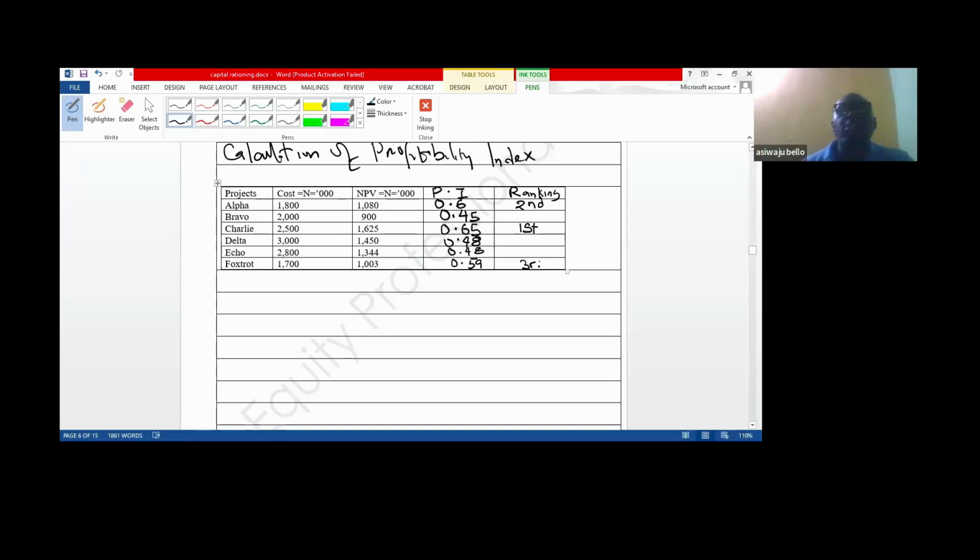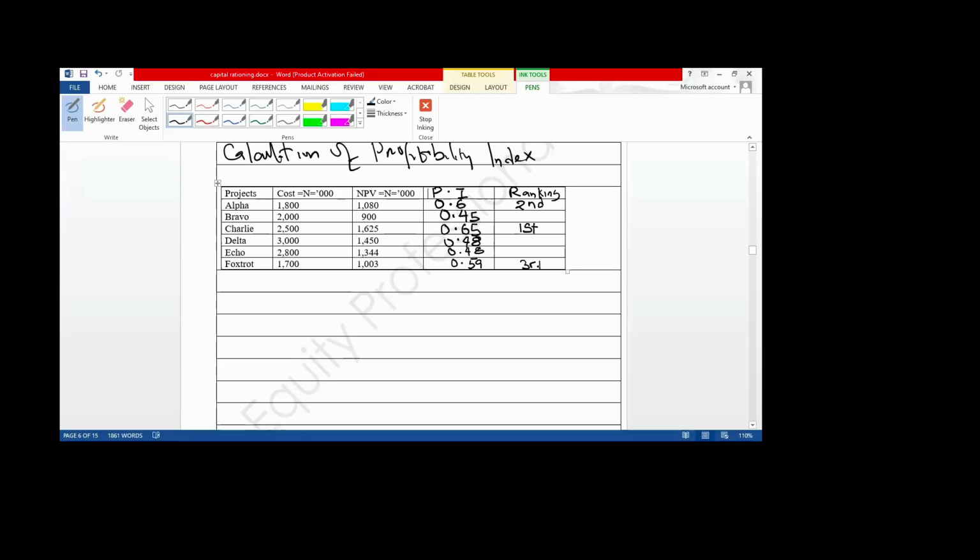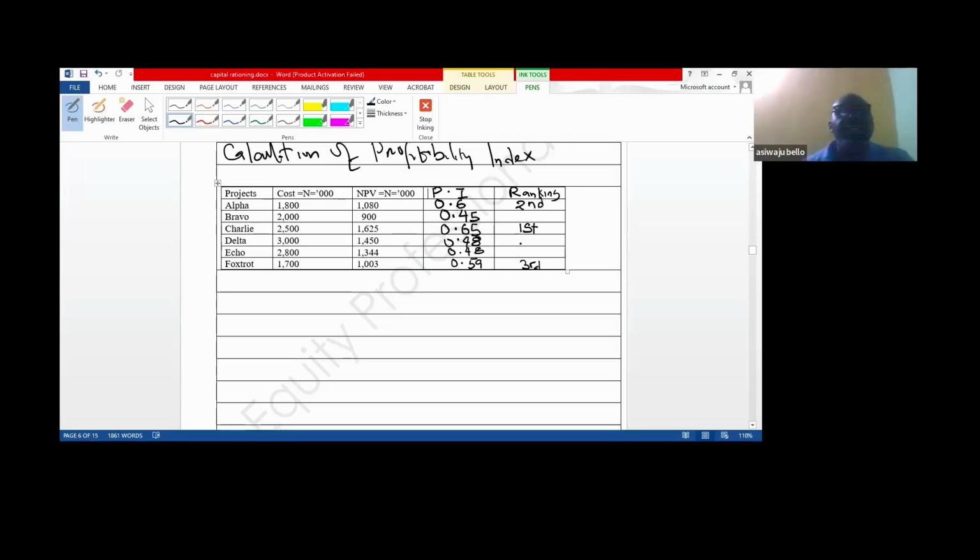Followed by which one now? Two of them will go together, but one must come first, that means it will give us the same return.